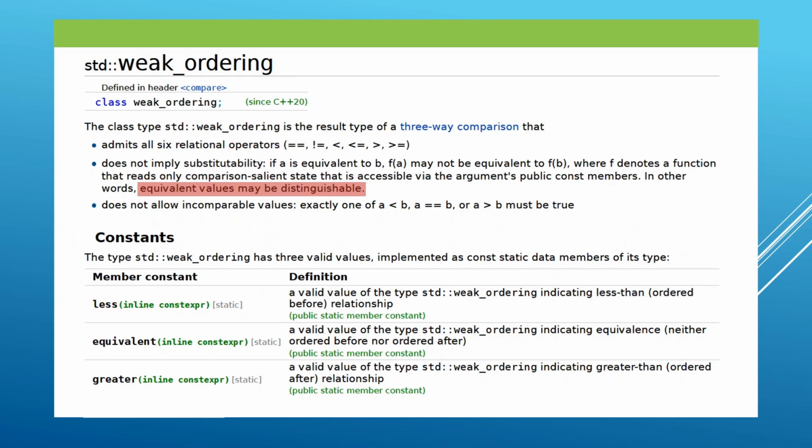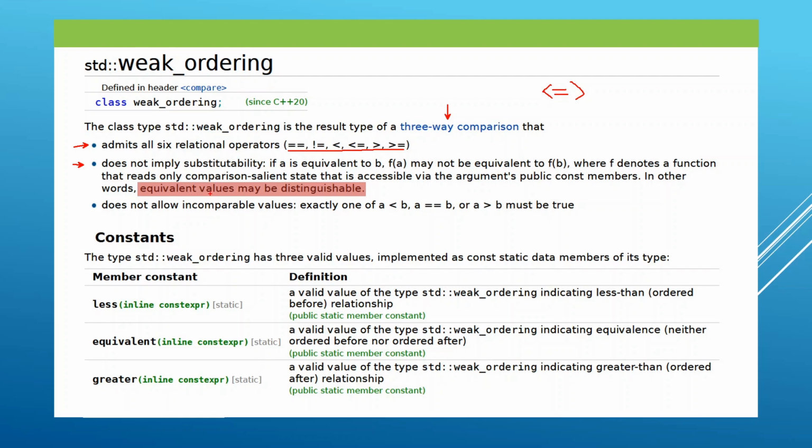Let's look at what the official documentation has to say about this. Weak ordering is a class type, which is usually the result type of a three-way comparison. So we can get this if we compare things using the three-way comparison operator. And it is this operator that we just learned about in this lecture here. So this operator can also be used by the compiler to give us all the 6 operators here, but this operator supports equivalence.